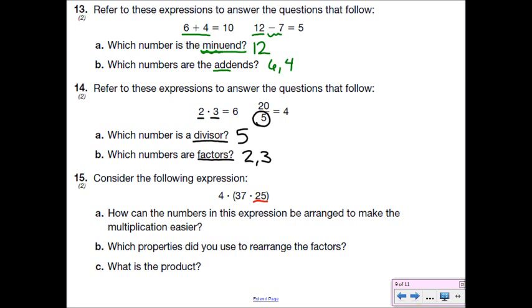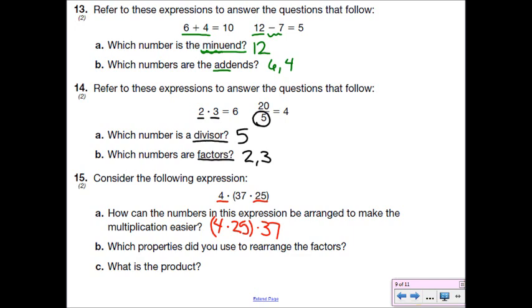Those are easy numbers to work with. So I see that there's a 4. I want to put those next to each other, and I want to multiply those first. So what I'm going to do is first do 4 times 25 together, and then I'm going to put parentheses around them to do it first, and then multiply it by 37. Because multiplying something by 100 is pretty easy. You just stick 2 zeros at the end.